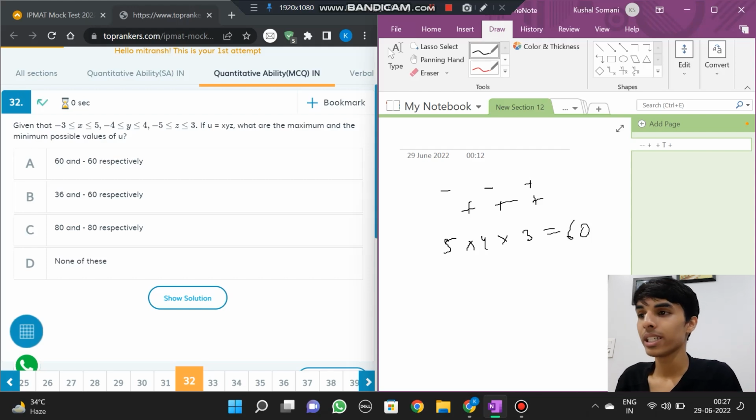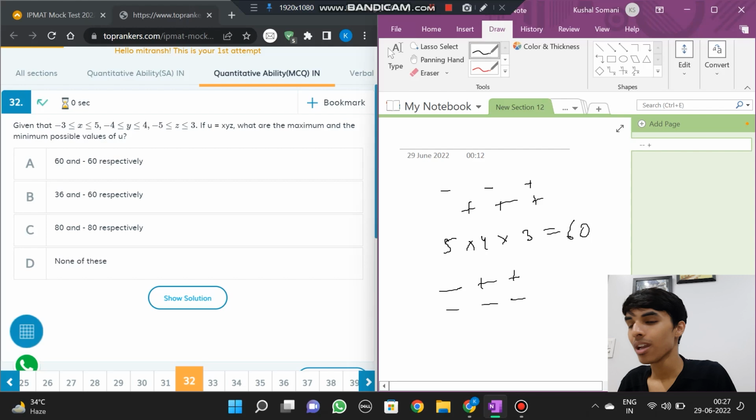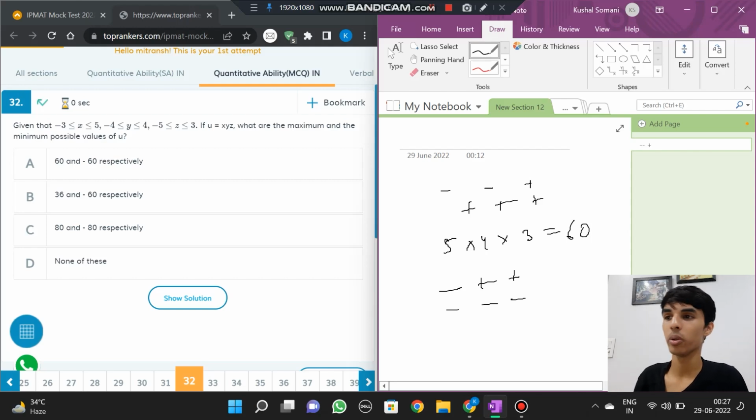Now getting the minimum value, it requires either we multiply 1 negative and 2 positive, or we multiply all the negative numbers. Again, y does not create any issue here, as we'll be multiplying 4 or minus 4 from y, because as already mentioned, the positive and negative numbers are the same.